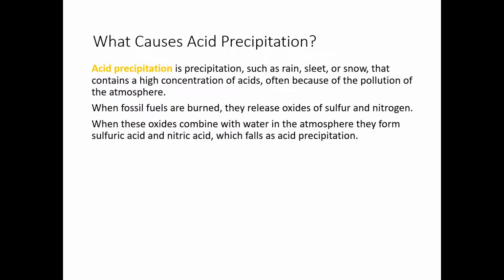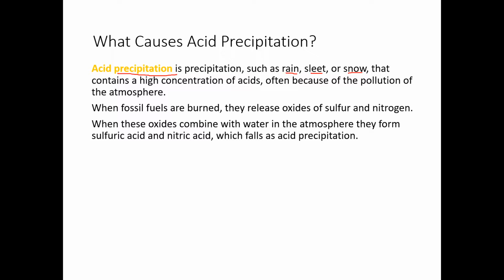So what causes acid precipitation? First, you need to define the word. Acid precipitation is referring to rain, or really any other form of water like sleet or snow, that contains a high concentration of acid.